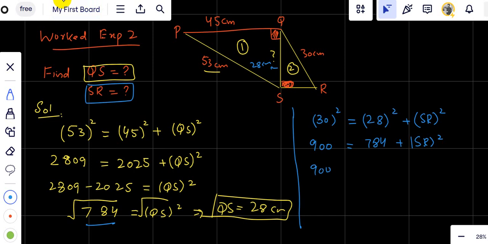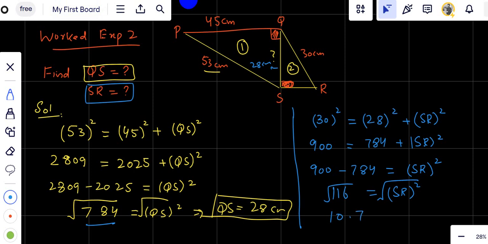So 900 minus 784 equals SR square. What is 900 minus 784? 116. The square root will be 10 point something, I think, 10.7 centimeters.